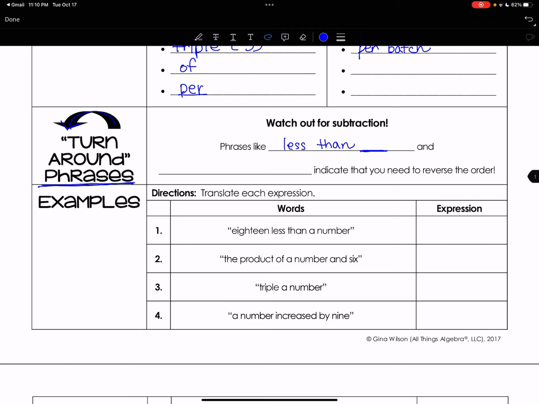You're gonna translate this one first, and then you're gonna try to use less as subtraction sign, and then you're gonna use this after. So this comes first when you write it as an algebraic expression. And then less comes as negative sign, and then whatever is before less comes later. That's why it says turnaround phrases.